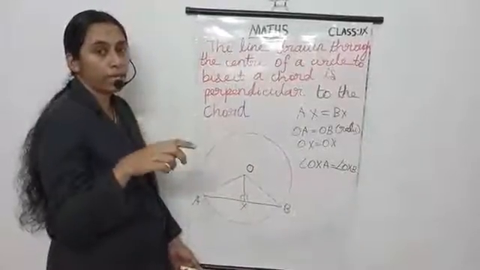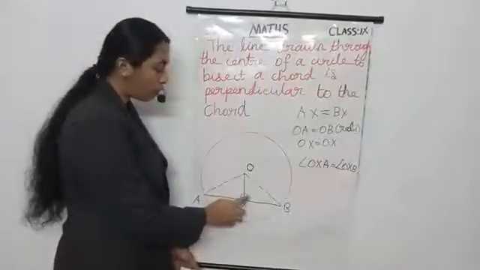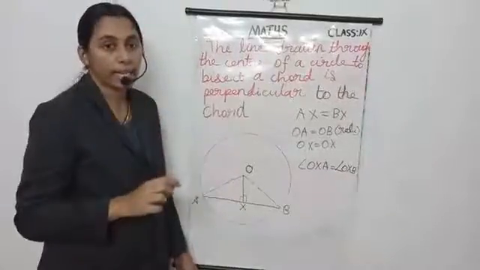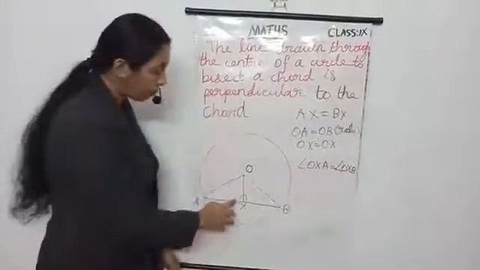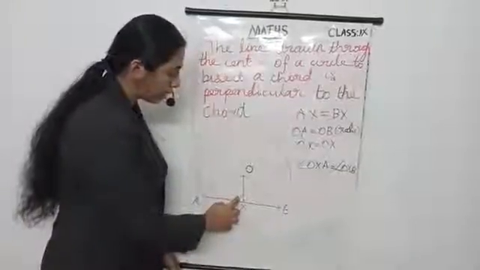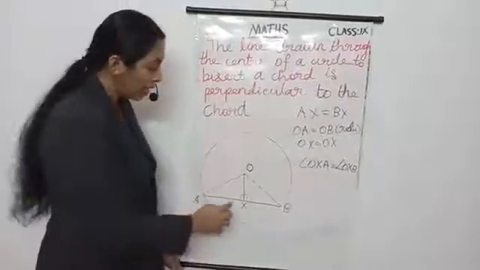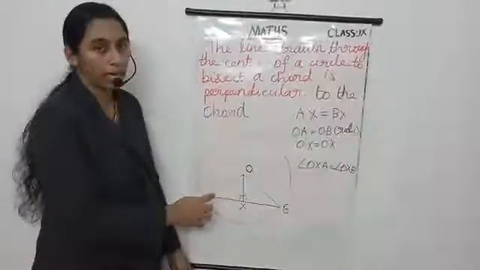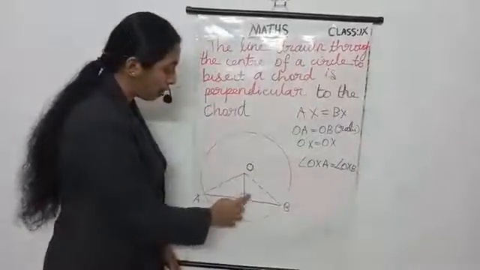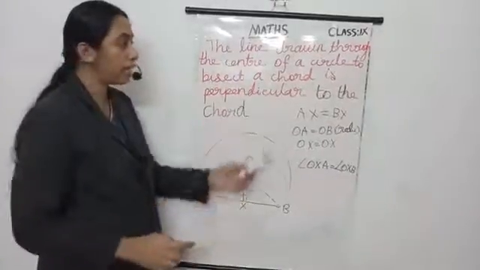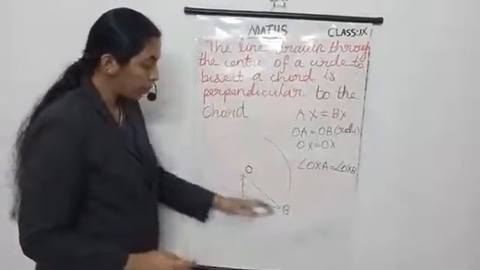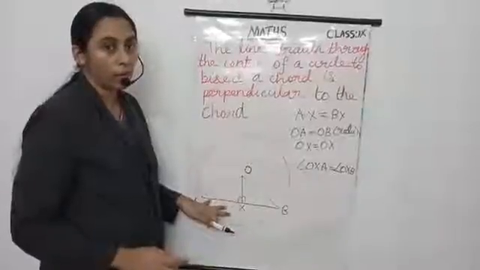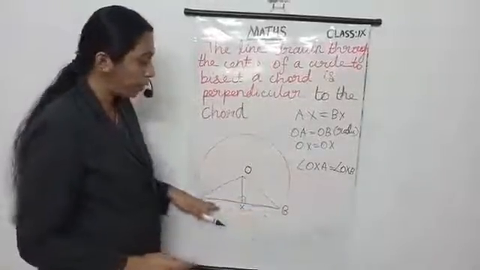What is meant by linear pair? The sum of these two angles is 180 degrees. So if we prove these two angles sum to 180 degrees and these are in a line, and then we prove these are 90, then we get OX perpendicular to AB.